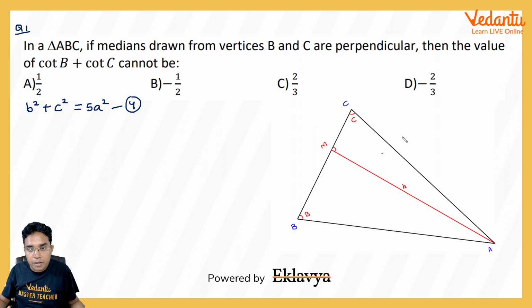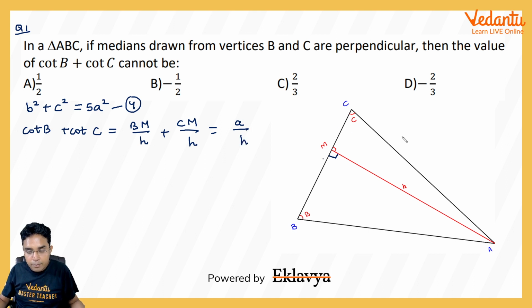Now to find cot B plus cot C, one important observation is that cot B will be BM upon h using simple trigonometry, because this AM is the altitude on the side BC. So BM upon h, and cot C will be CM upon h. So if we add them, we get a upon h, because BM plus CM will be the complete length BC, which is a. So let us call this equation number 5.